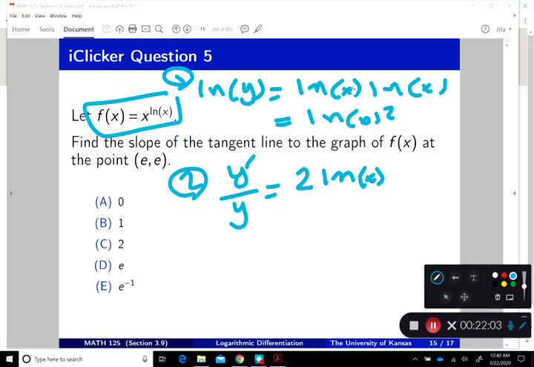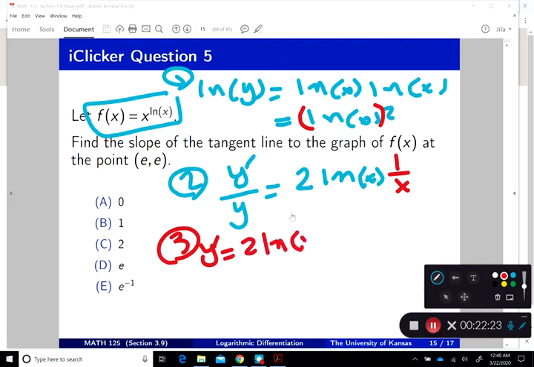Natural log of x is the inside, basically, and here I'm drawing that so it's easier to see. This is the inside between the red, and the derivative of that is 1 over x. So if I solve for y prime, I get 2 natural log of x divided by x times x to the power natural log of x.